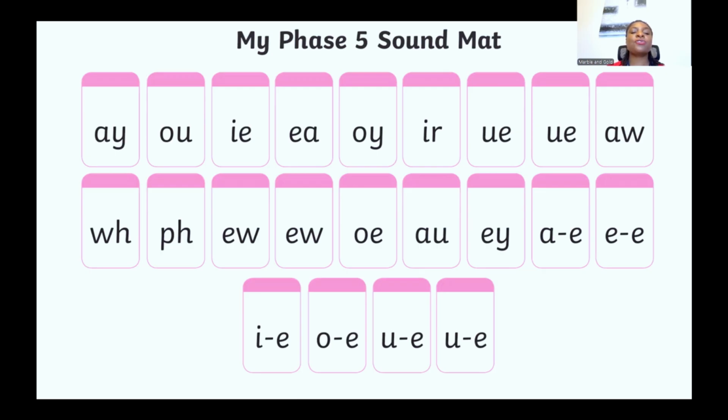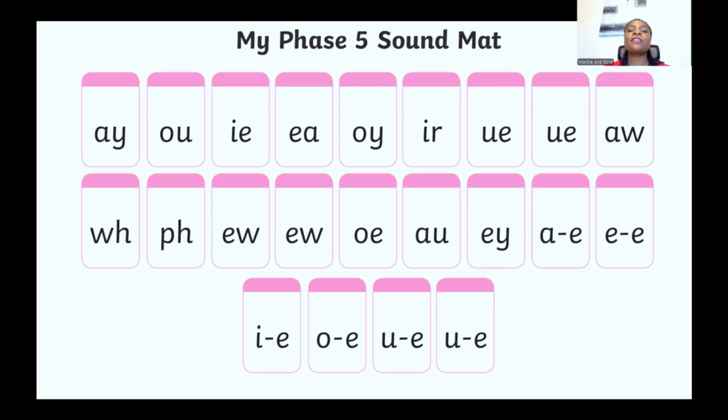So in phase 5 phonics, you now begin to introduce alternative sounds. So you have the AI, and then you also have the AY, which make the same sound, and you have snail. It's the A. So the AI make the A sound, the AY make the A sound. You also have the A and the E, the A split E, which also makes the A sound for snake.